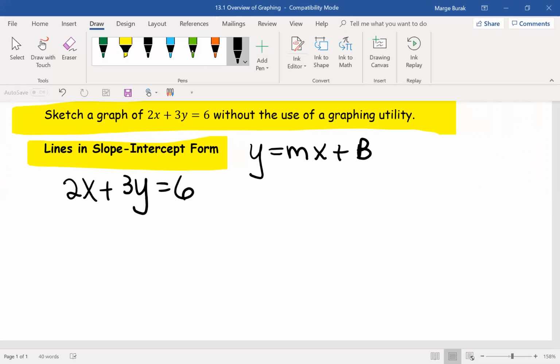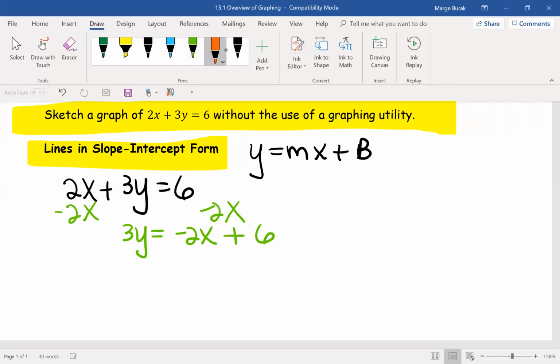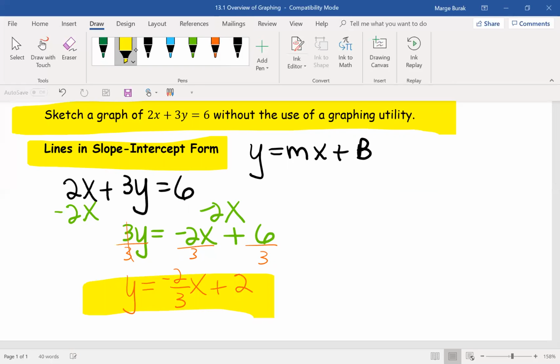So I'll remind you how to do that. So let's move the x term to the other side, and I get 3y equals -2x plus 6. And then we'll divide by the coefficient of y. So those cancel, and I get -2/3 x, and 6 divided by 3 is 2.